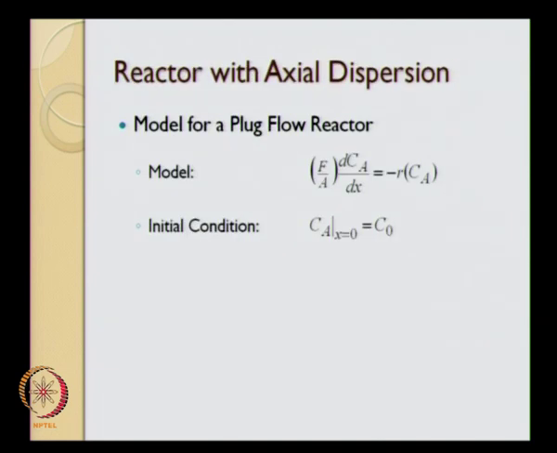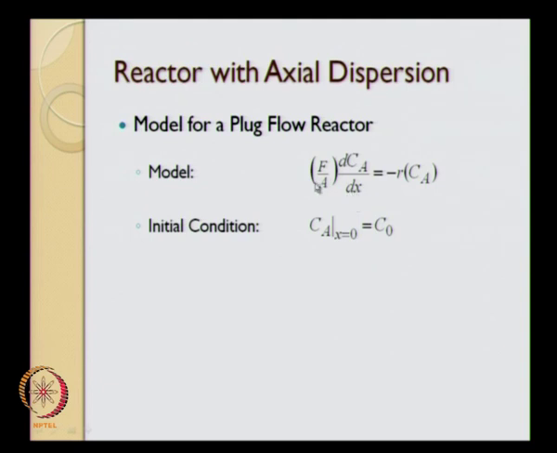Now let us look at a general set of examples in which we are going to encounter boundary value problems in chemical engineering systems. This is the example that we used in the previous module. This was a model for a plug flow reactor where F is the total flow rate inside the plug flow reactor, and in the previous module the equation that we had written was F dCA by dV, where V is the volume, and in this particular model I have just expressed V as the cross sectional area A multiplied by the axial length x.